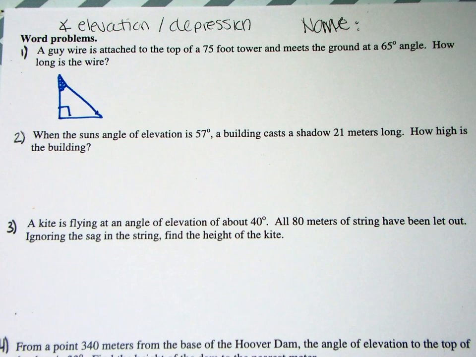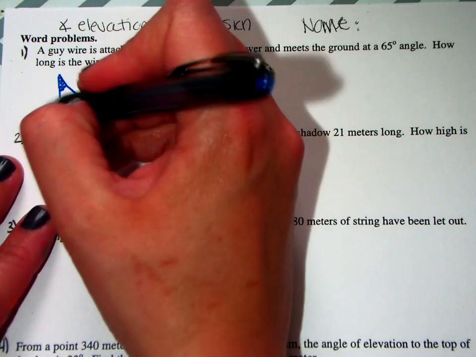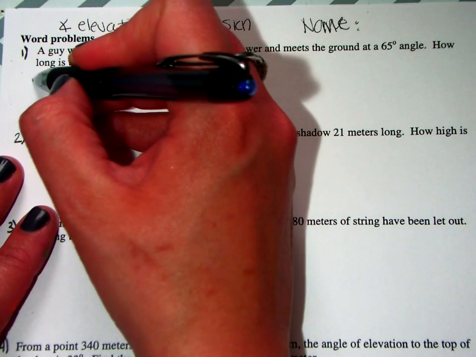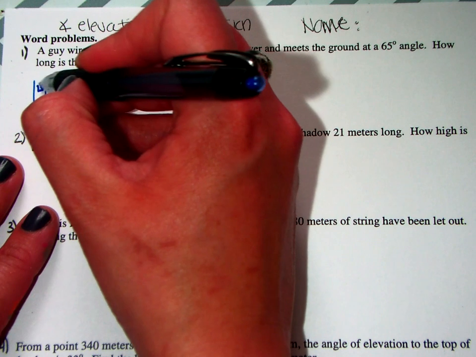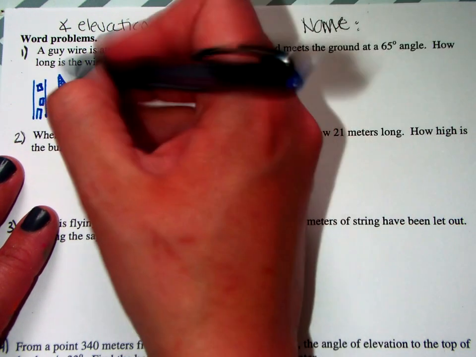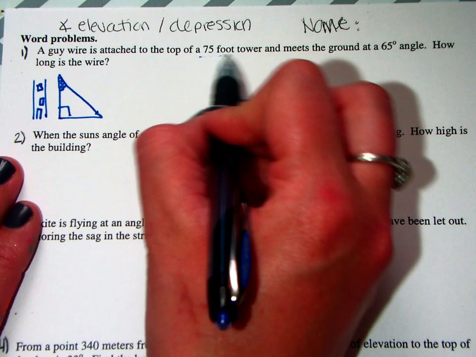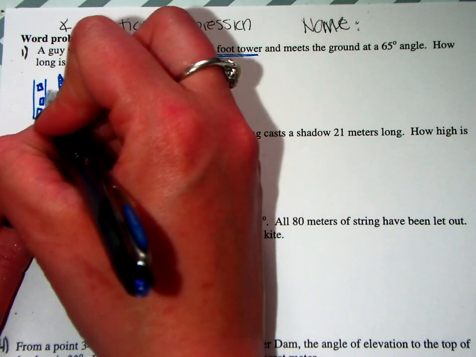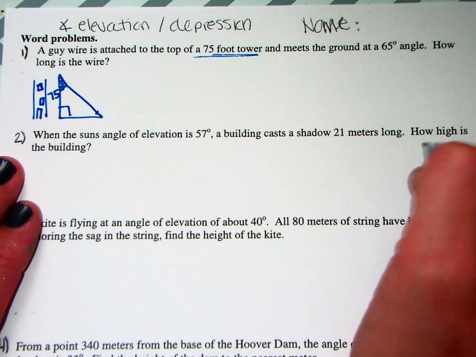So let's read through the question. A guy wire is attached to the top of a 75-foot tower. Now, a guy wire is just a type of wire. We're going to have this random tower. Oh, here's the tower with some doors. The tower is 75 feet tall, so my 75 goes here.